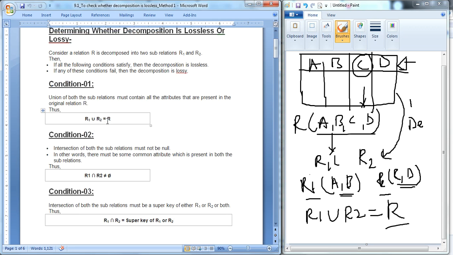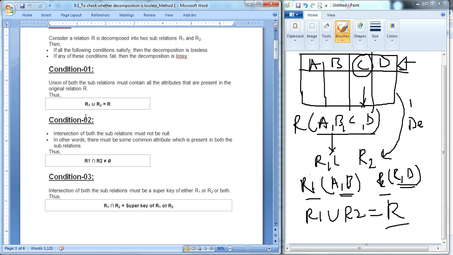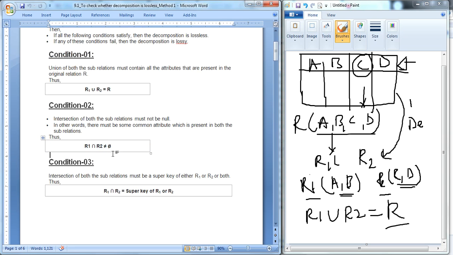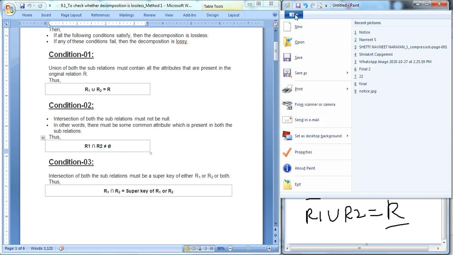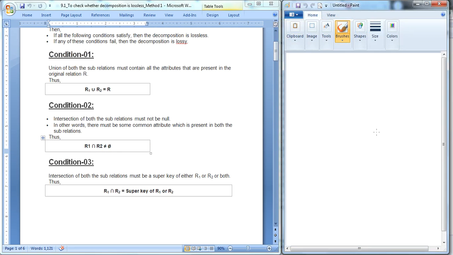Then if this condition is true, we check the next condition, that is, R1 intersection R2 is not null. R1 intersection R2 should not be null, right? Then we need to check R1 and R2.